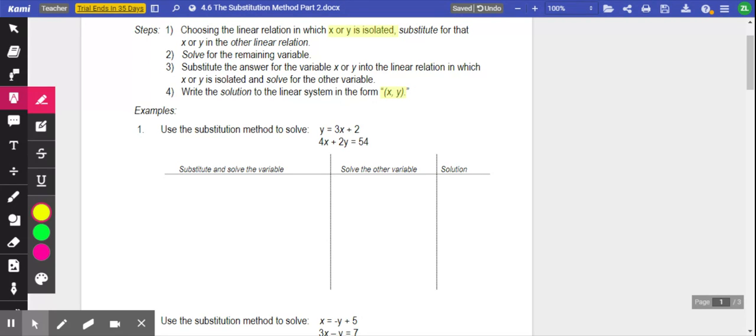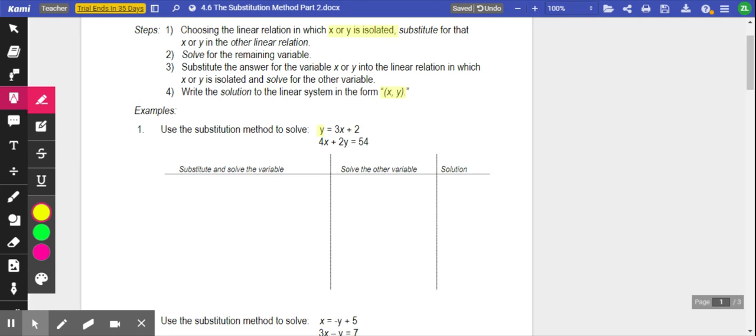So we're going to use the substitution method to solve the following. y equals 3x plus 2 and 4x plus 2y equals 54. So it says choosing the linear relation in which x or y is isolated. What that means is an equation in which it is just y equals or x equals, and we're going to sub it in for the other.